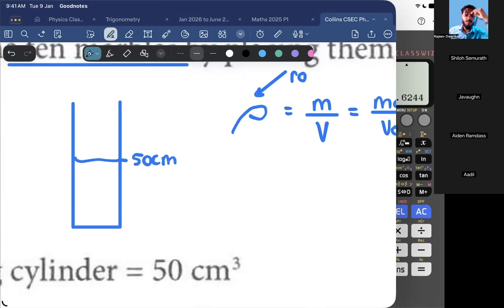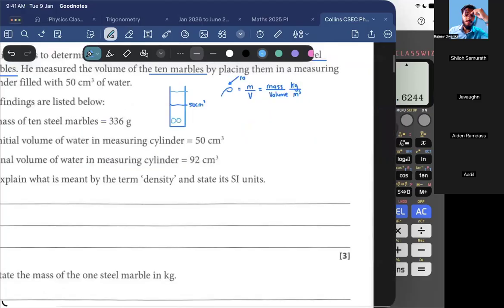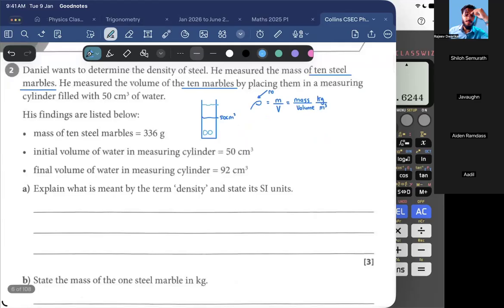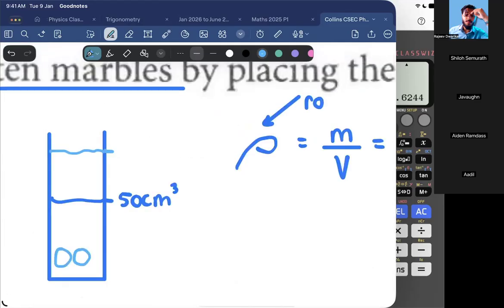Now, question. When you drop the steel balls into the measuring cylinder, what would happen to the water level? Logically, it's going to rise to some new level. Yes, sir. And what did it rise to? The final volume of water is 92 centimeter cube. So, Javon, I want you to think logically for me.